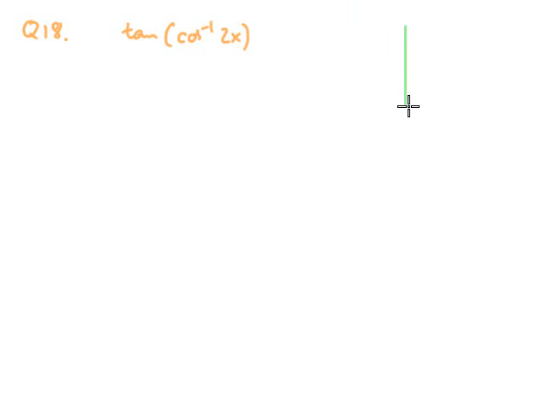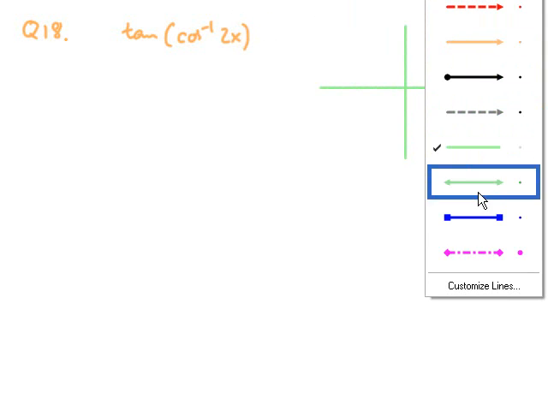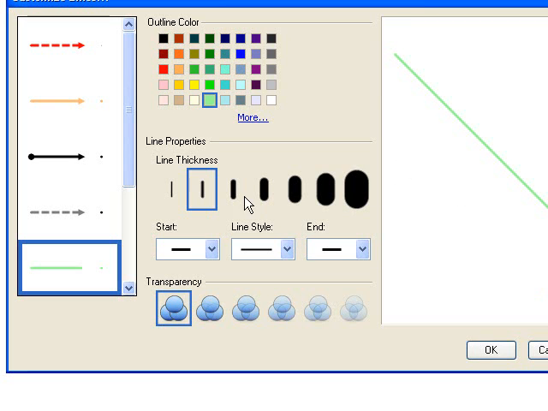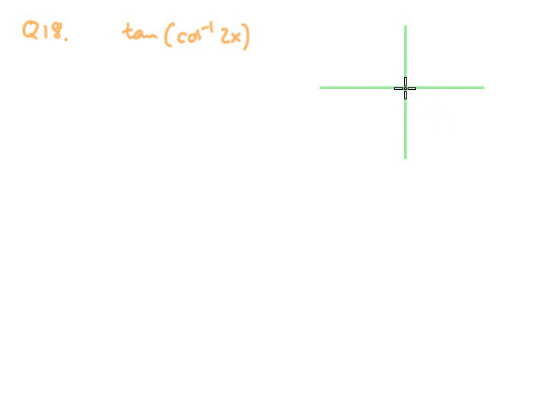Again, I'm going to make myself a coordinate system, because that's what they do in section 5.5. And then I'm going to find another color. There, and there. Shift this maybe a little bit if I'm able to. There we go.